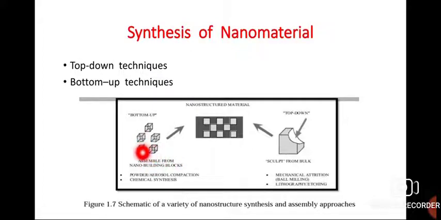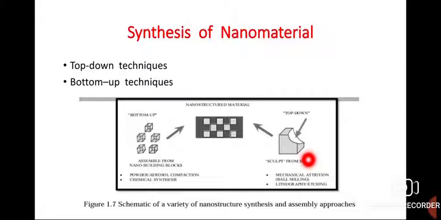This is the direction which gives you the bottom-up approach. Here you have the smallest nanoparticles. These nanoparticles can be fabricated into a defined structure, and that structure is known as nanostructured material, and after that you get the bulk material which is shown over here. So this direction is known as the bottom-up approach.